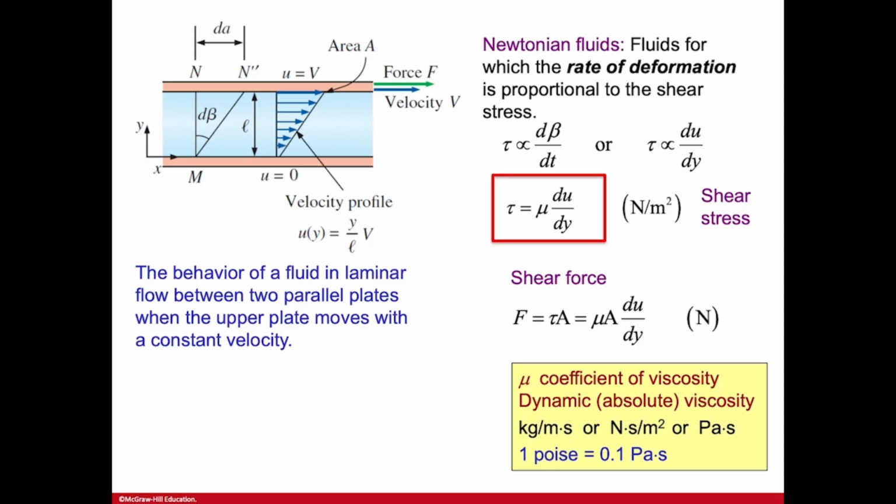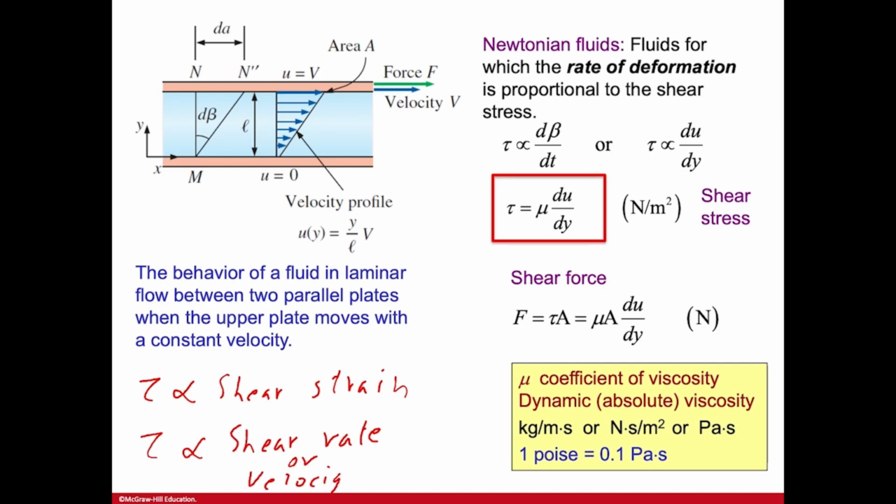This is the same as how in solid mechanics you have shear stress tau being proportional to shear strain, but in fluids, because it is constantly deforming, you're talking about shear rate instead of just the strain. This is also often referred to as velocity gradient.